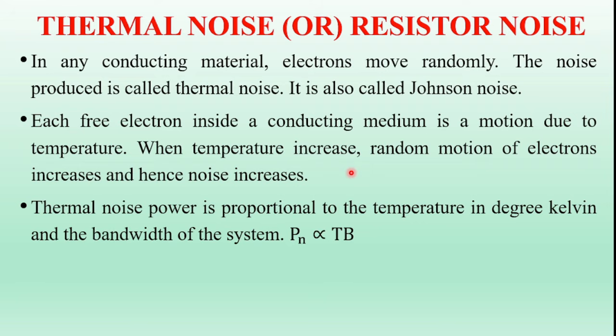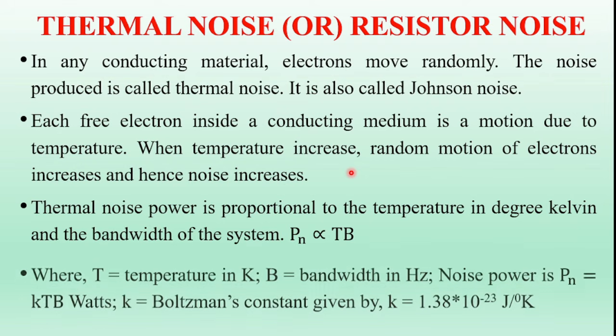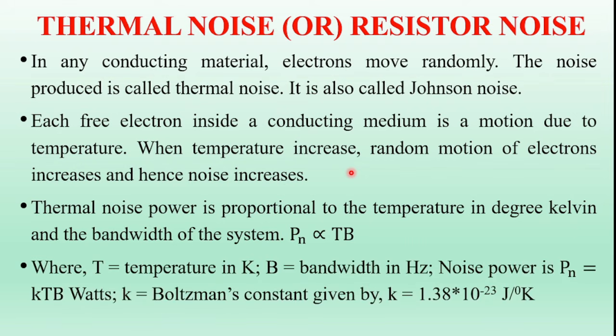That is, Pn is directly proportional to TB. So Pn is equal to k into T into B, where k is the proportionality constant.